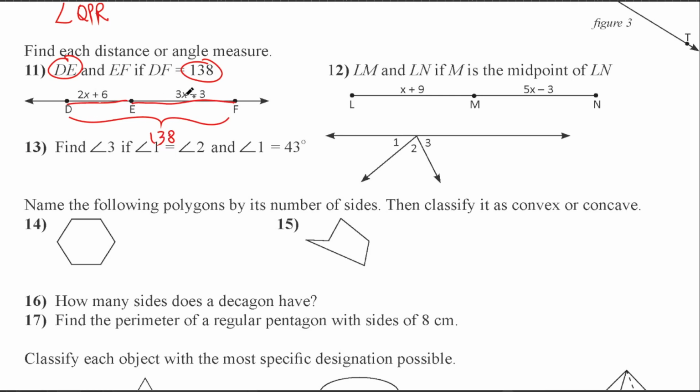Do these 2 segments equal each other? You don't know that they equal each other. They might, but we don't know. They add up to equal what? 138. So you got a length here, and you got a length here. Those 2 add up to be from here to here. Does that make sense?